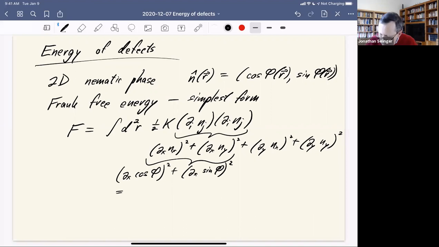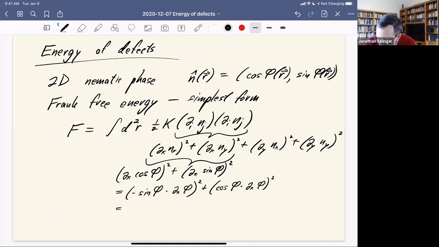That part is negative sine phi times the x derivative of phi, all squared, plus cosine phi times the x derivative of phi, squared.